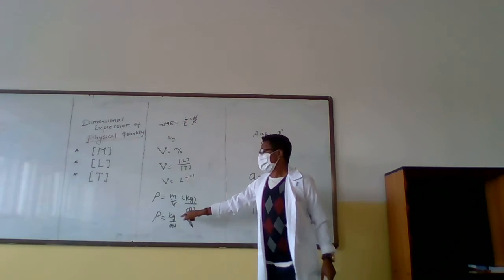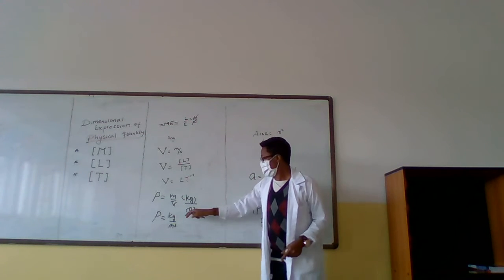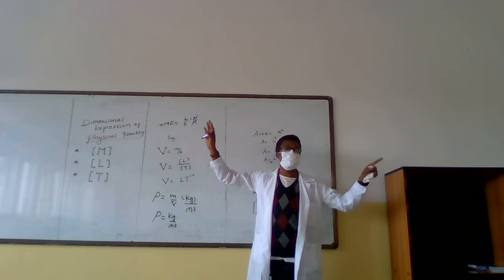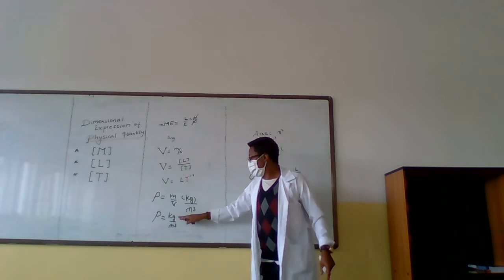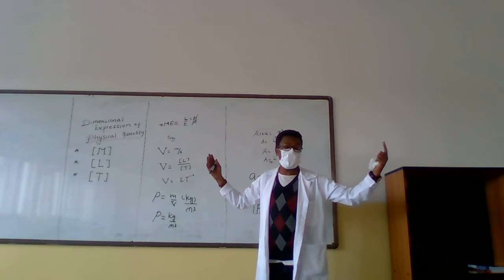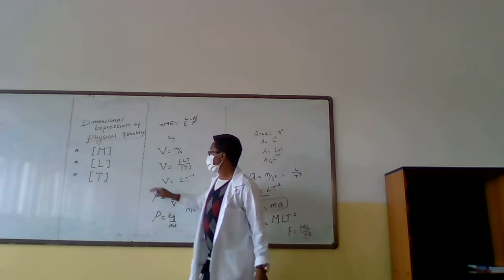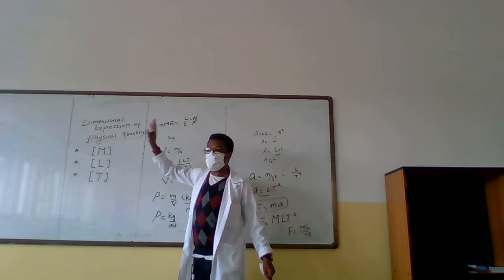So the dimension of the mass unit kilogram is M, because kilogram is a mass unit, so it can be expressed using M. Is that clear?